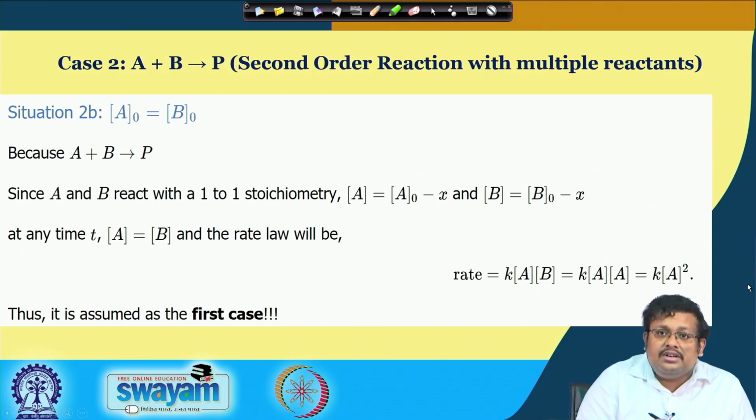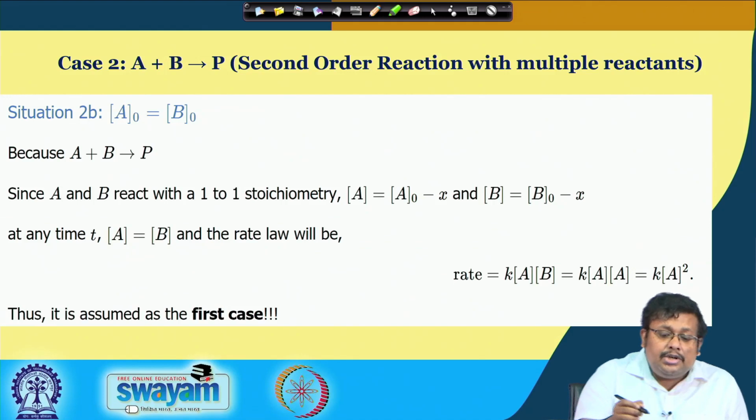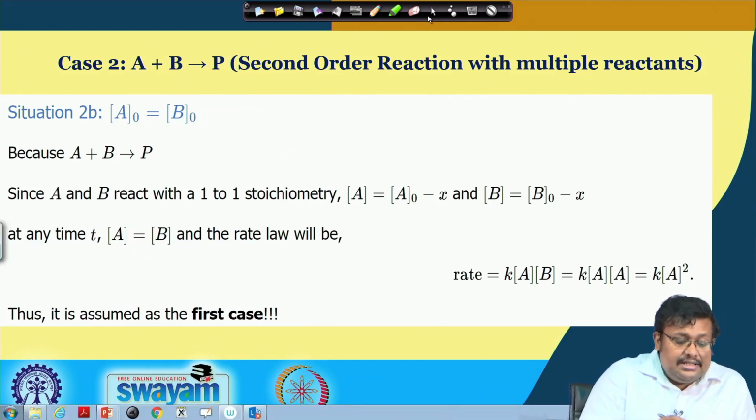This is one solution, and we have seen how this can be represented in a straight line. Another solution is situation 2a, where initial A0 equals initial B0. Here A plus B gives P, since A and B react with 1:1 stoichiometry.